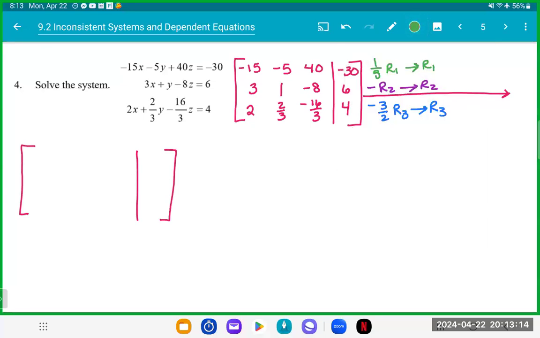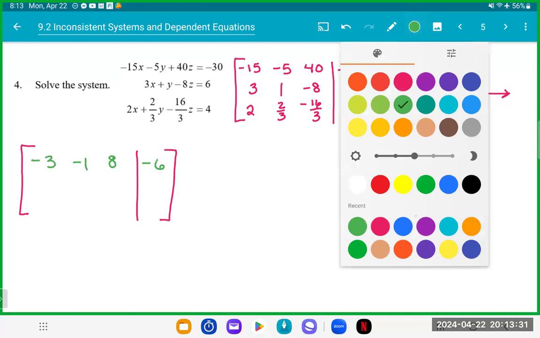Okay, so the first one would give me 1/5 of negative 15 is negative 3, 1/5 of negative 5 is negative 1, 1/5 of 40 is 8, and 1/5 of negative 30 is negative 6. Okay.